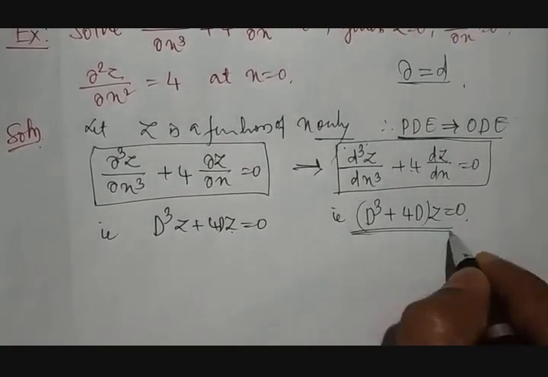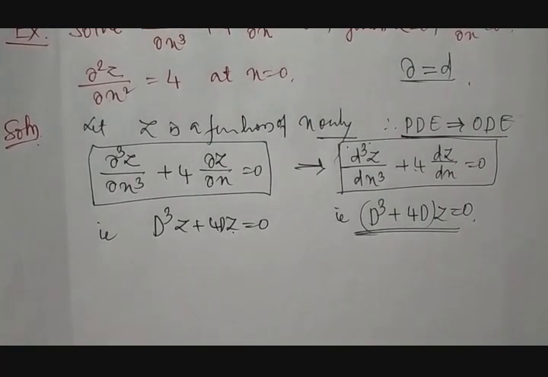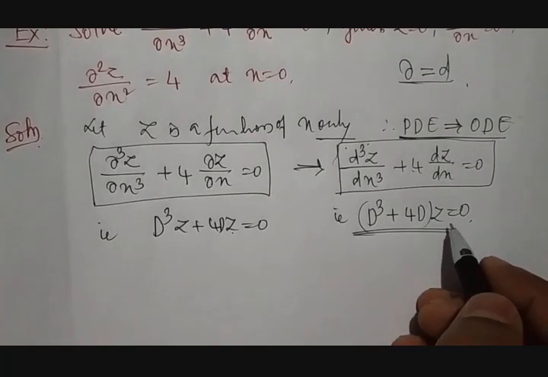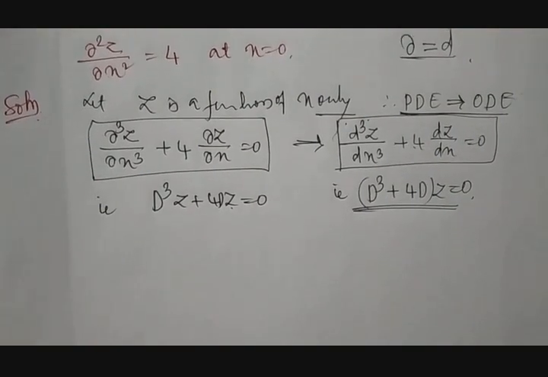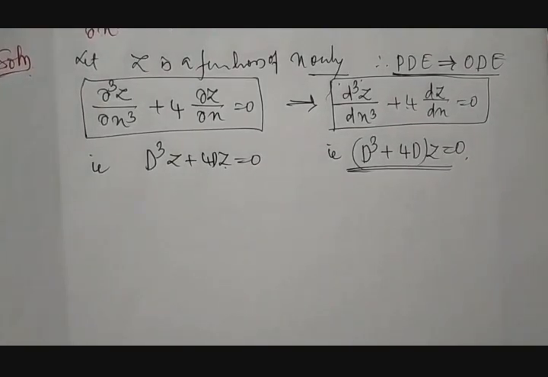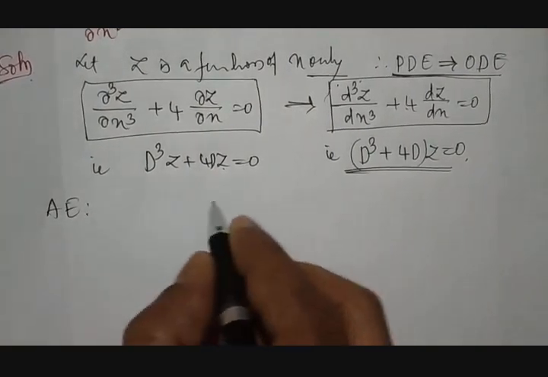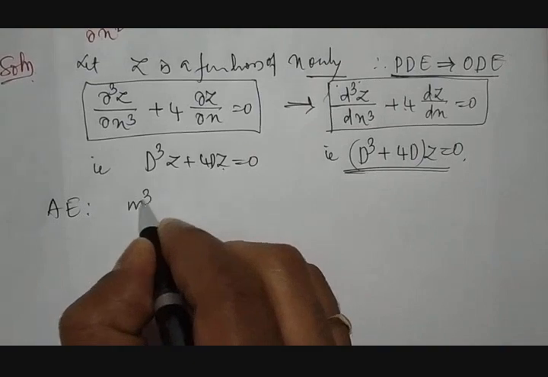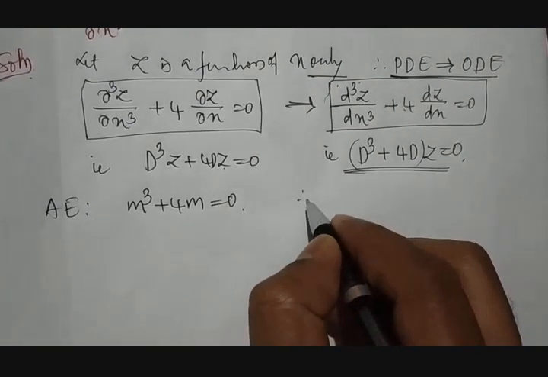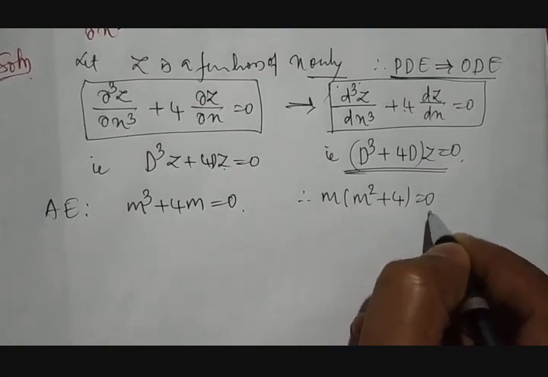Now we come to know that this is an ordinary differential equation, that is, a homogeneous differential equation. To solve it, we need the complementary function, which is possible after getting the roots through the auxiliary equation. So we take the auxiliary equation, which becomes m³ + 4m = 0. Taking m common, we get m(m² + 4) = 0.